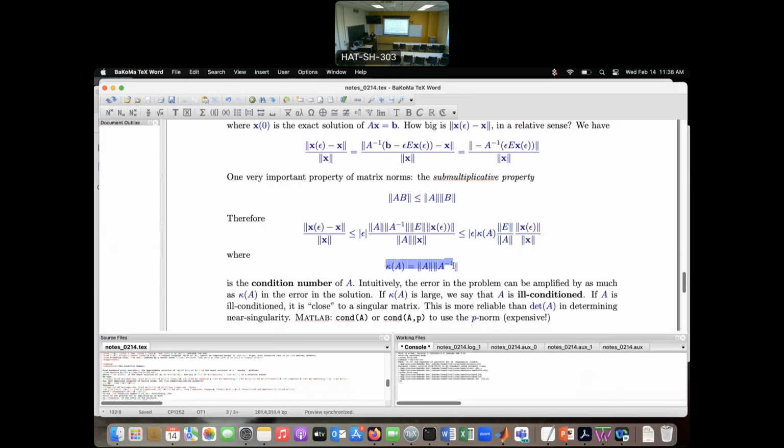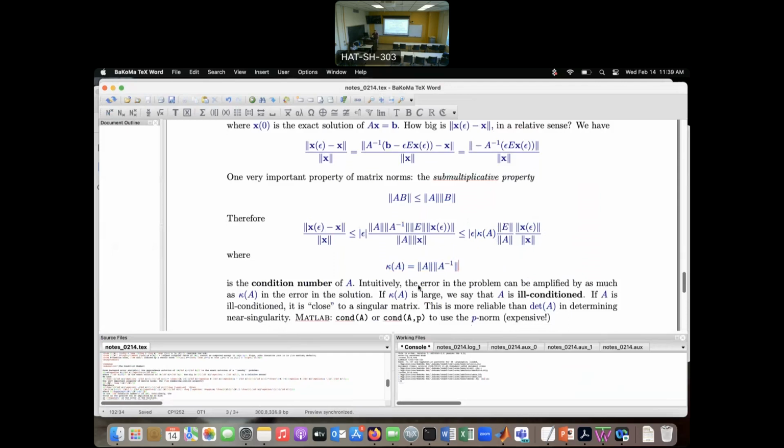So a condition number is a measurement of how sensitive the problem is, or how sensitive the exact solution is, to changes in the underlying problem. So if you have Ax equals b, and you make a small change to A or a small change to b, how much is that going to change the solution?